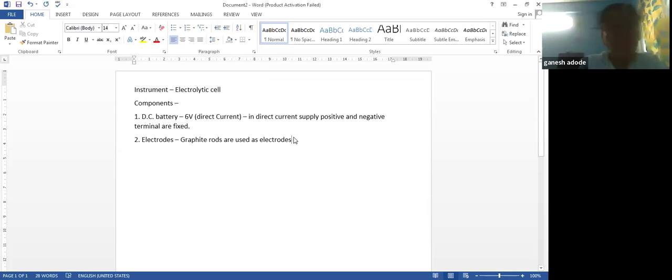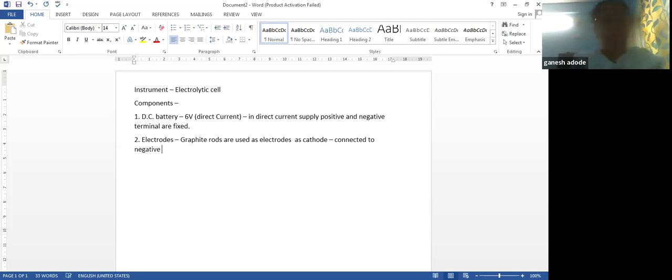Two graphite rods are used as electrodes. One is the cathode, connected to the negative terminal of the battery.